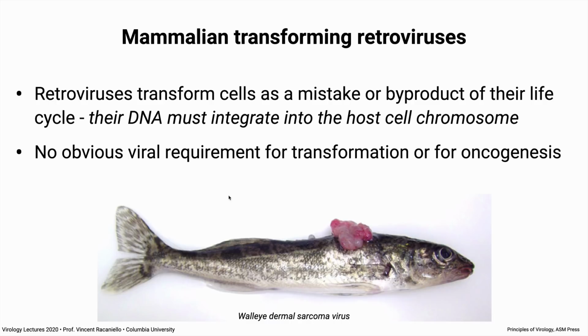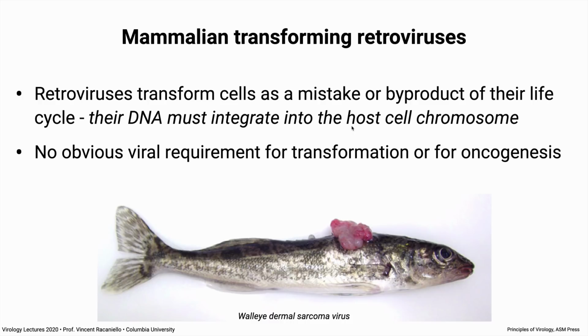These mammalian transforming retroviruses, they transform cells as a mistake. It's a byproduct of their having to integrate their DNA into the host chromosome. If you integrate into the wrong place, you're going to transform the cell or pick up an oncogene. It's a mistake. The virus absolutely does not require those oncogenes. In fact, in one of the first cool experiments done with Rous sarcoma virus, they showed that you could mutate that oncogene, and the virus still replicated quite well.